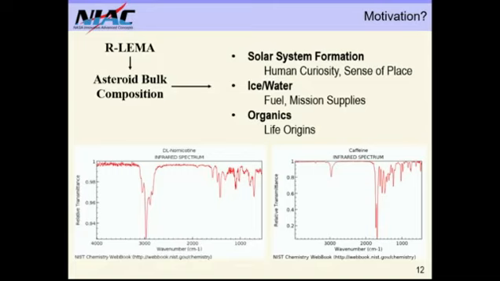To me, and probably to most of us here in this room, the first reason, human curiosity, is sufficient. But I'm not sure we can sell that and get funding for it on that basis alone. We can also add additional objectives for our system. Let's look for ice or water for fuel or mission resources, organics, of course, and life origins.